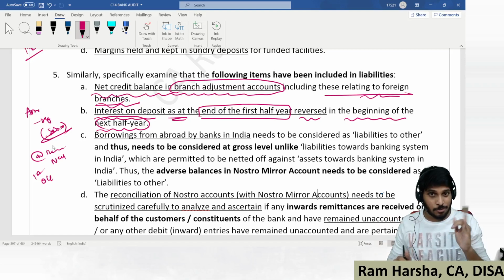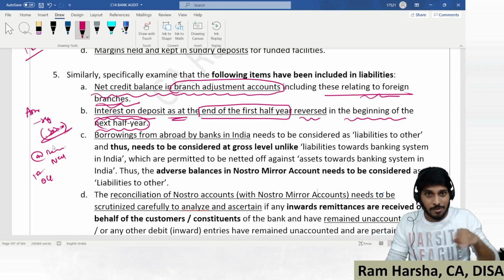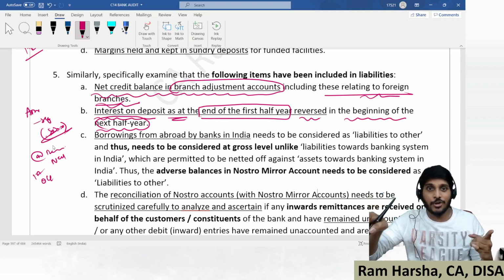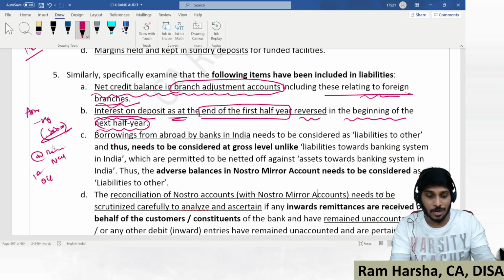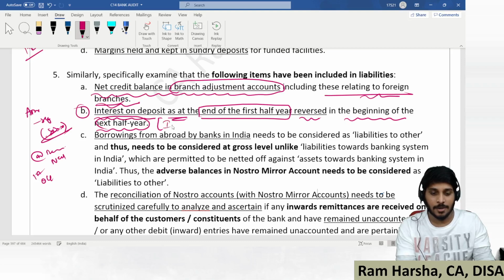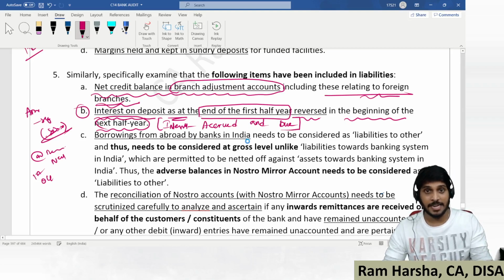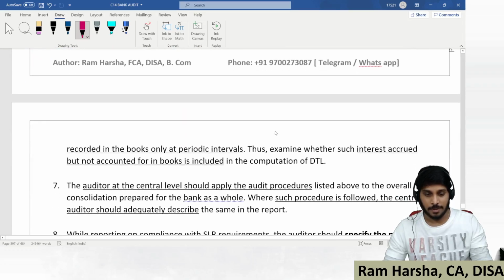So interest accrued but not due turns into due. The interest accrued but not due, we will reverse and credit to the due account, so that amount shall also be considered. Here you can simply write: interest accrued and due shall be added to demand and time deposits.